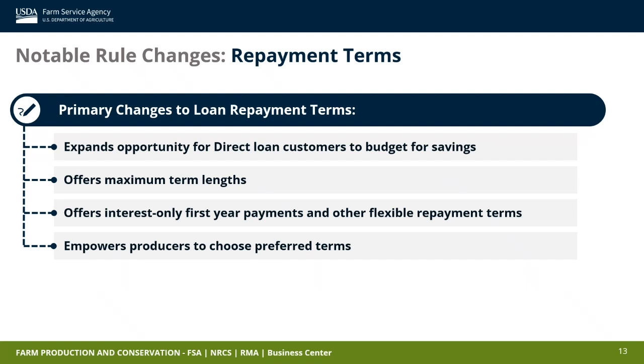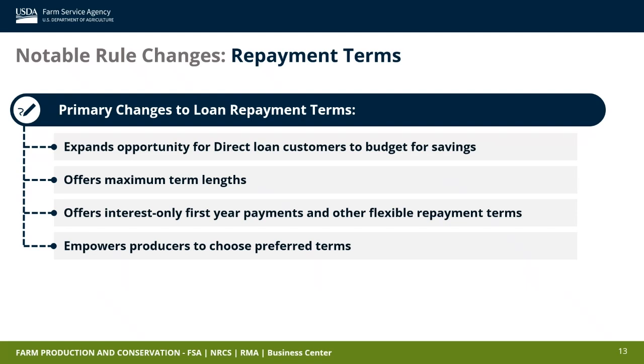In a nutshell, the changes related to our program in this rule for direct loan repayment terms are going to allow direct loan customers to budget for a reasonable amount of savings in their farm business plan. And that'll mean expanded access to unequal repayment terms and interest-only payments for most term loans for the first year of a loan. And we're also going to offer the maximum number of years statutorily authorized to each customer.